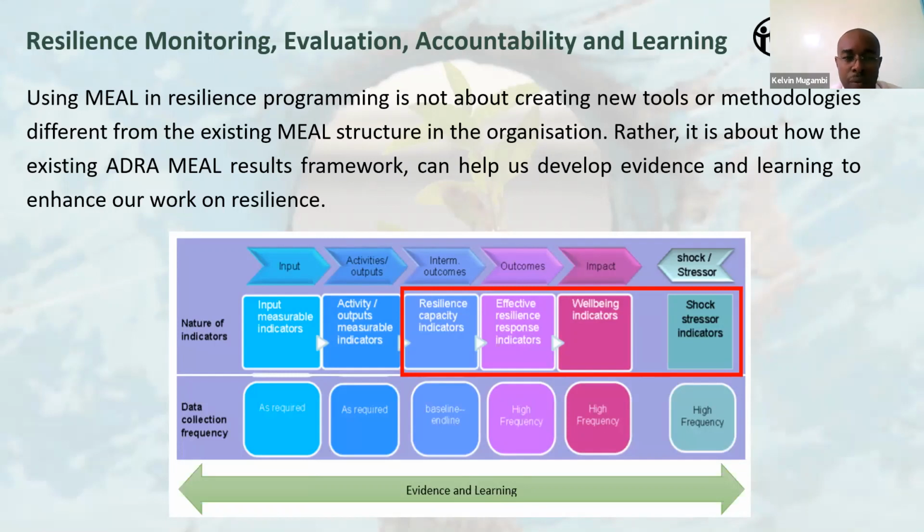That is, at the input level, we have the input measurable indicators. We have the activity outputs, where we have our activity outputs measurable indicators.